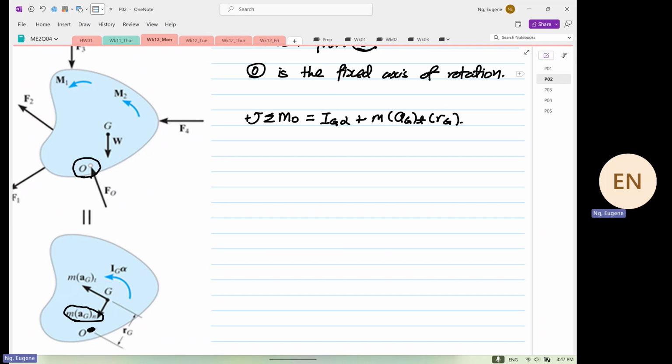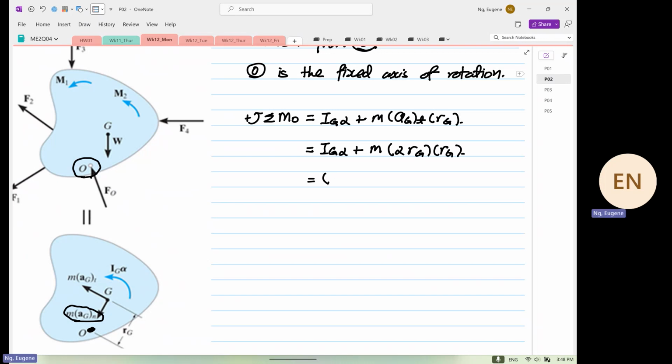So that is equal to 0. When we rewrite this slightly, you have I_G alpha plus m r_G a_Gt, where a_Gt is equal to alpha r_G, multiplied by r_G.